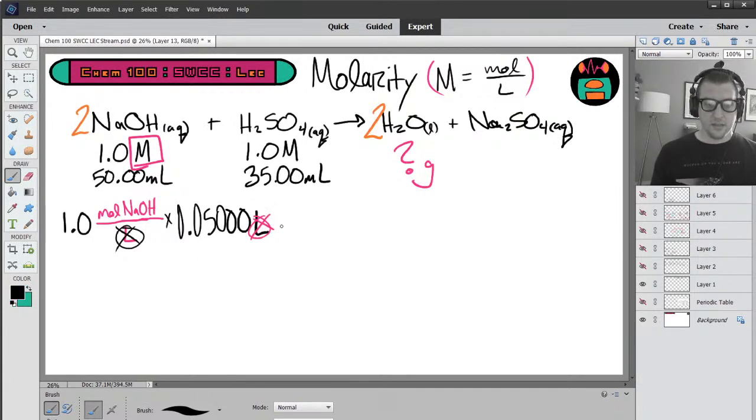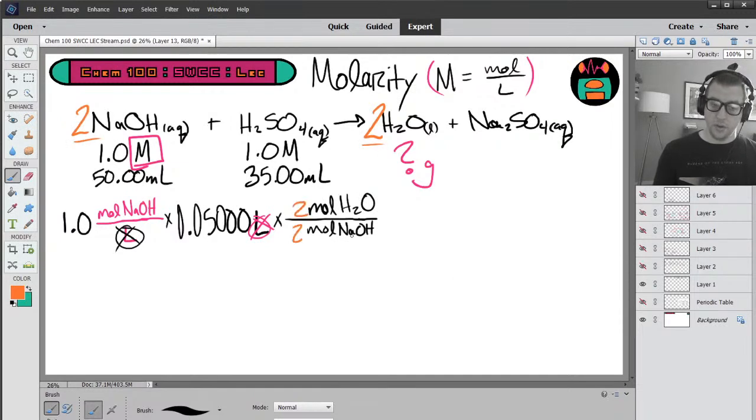Next, we need to convert from moles of sodium hydroxide to moles of H2O. This unit conversion we get from our balanced chemical equation. It is a 2-to-2 or 1-to-1 mole ratio. Moles of sodium hydroxide cancel.